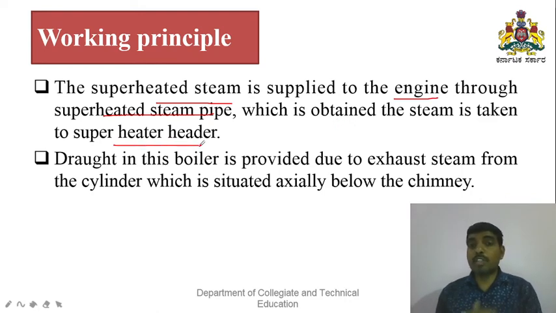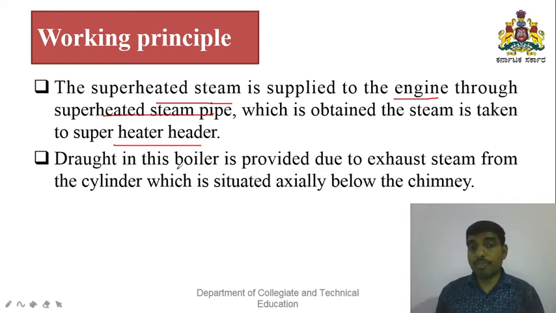I already explained that the saturated steam stored in the steam dome is sent to the superheater, where the temperature of the steam will increase at constant pressure. Due to the increase in temperature, the saturated steam is converted into superheated steam. That superheated steam flows to the steam engine.